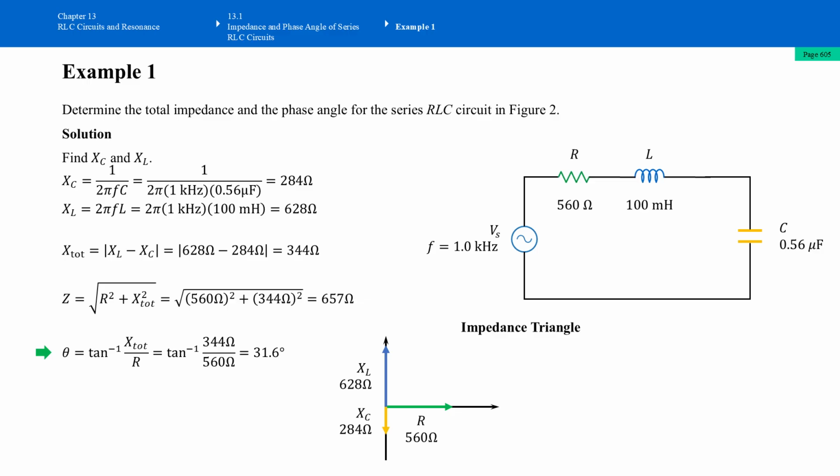So one more step. We know X total is 344 ohms. R remains the same. Now we're going to draw the dashed lines to form a rectangle. Connect the origin to the opposite corner of the rectangle. This diagonal is the total impedance of the circuit. The angle made by this impedance and the resistance R is theta. We calculated that already, it is 31.6 degrees, where the impedance is 657 ohms. Now we have finished example 1.